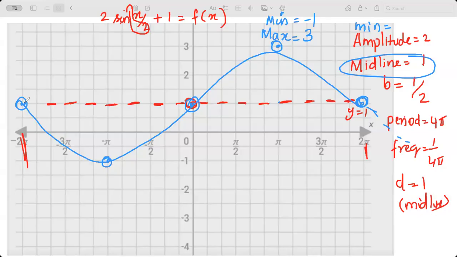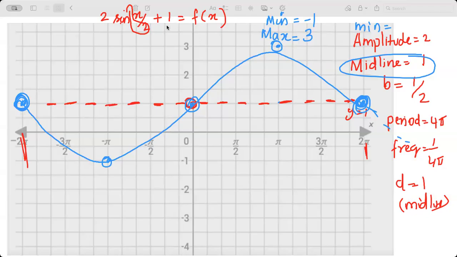See, if you consider starting at this point, it has to come to the same point after the one entire cycle. Can we move on? Can I go ahead?